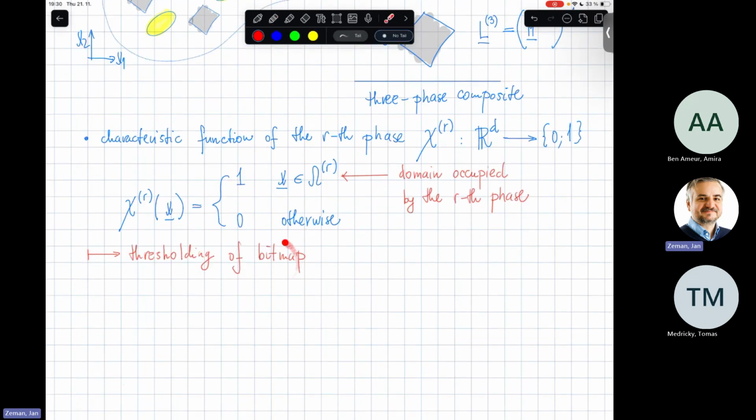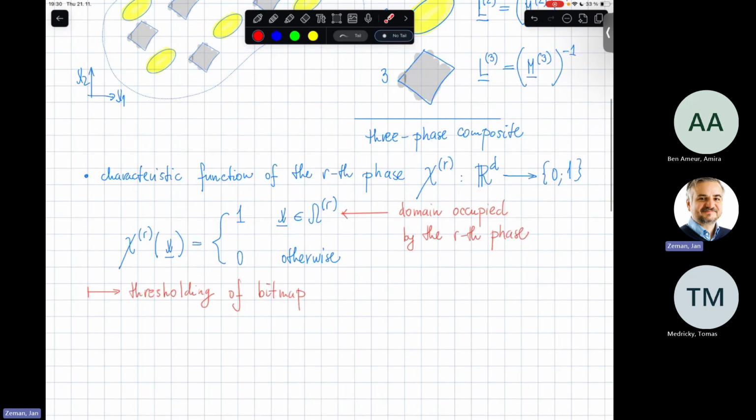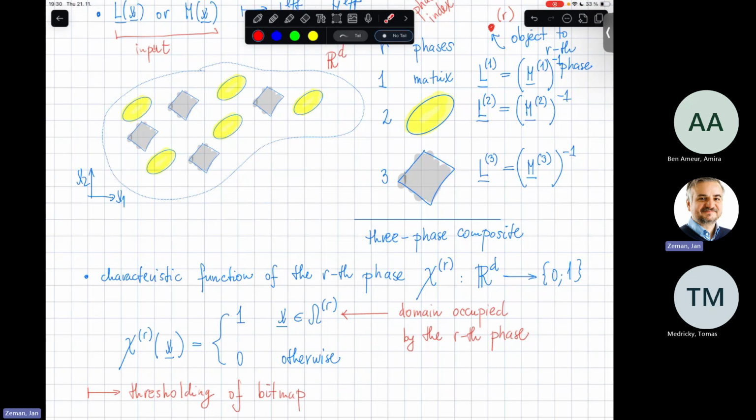But what I would like to put forward is that this is something you can also get from a micrograph. By this thresholding, you can apply it to basically any digital image to separate your picture into phases. And there are several ways to do it, and depending on your field, you will use it or not.